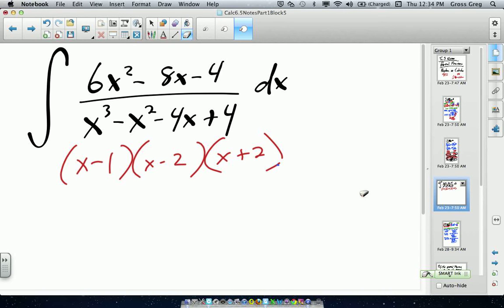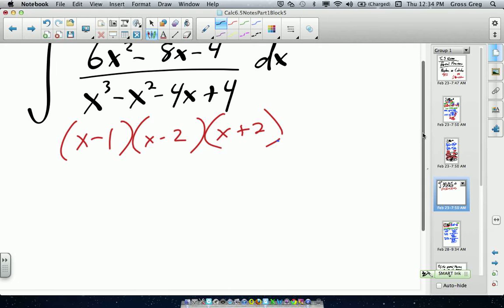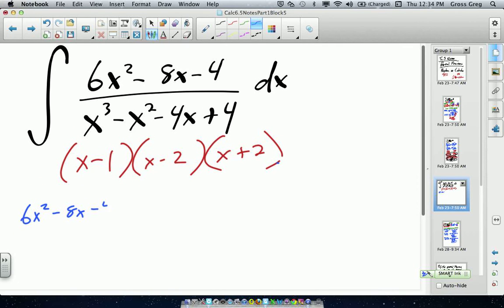Okay, the example that we were working on before we ran out of time, Cole had it factored correctly for us. And so we're going to take 6x squared minus 8x minus 4 and write it over its factors: x minus 1, x minus 2, x plus 2.